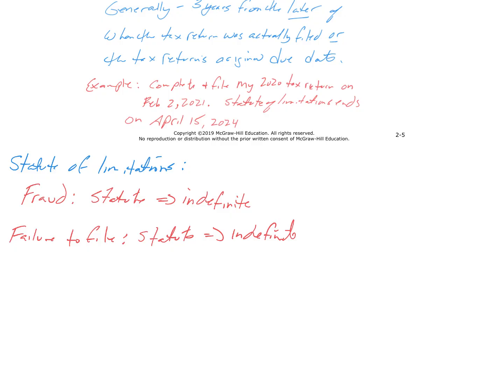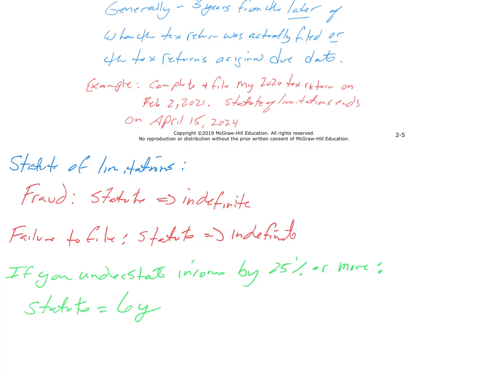And that is if you understate income by 25% or more, all right? If you understate income by 25% or more, your statute of limitations is 6 years, okay?